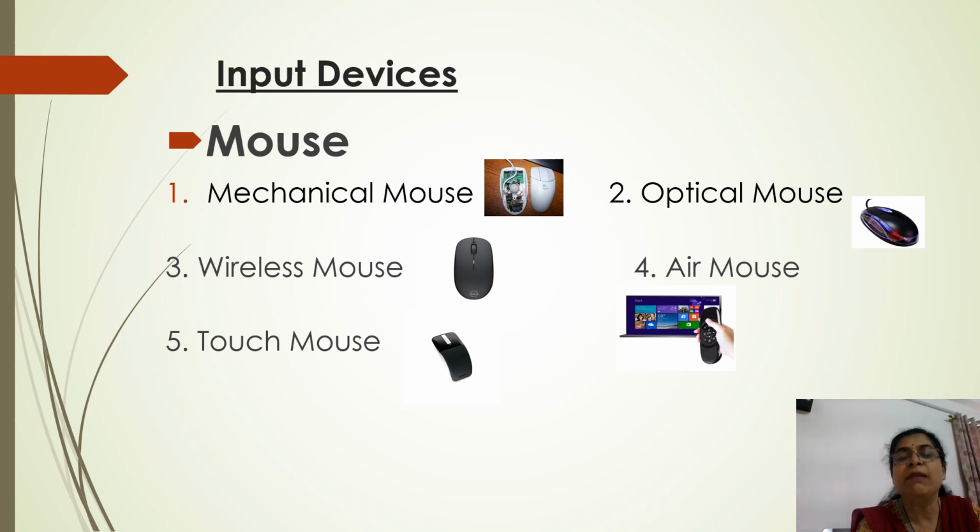That is mechanical mouse. Mechanical mouse has a rubber ball on its underside. As the user moves the mouse around the desktop, the ball rolls with these movements. This detects the mouse movement in any direction.